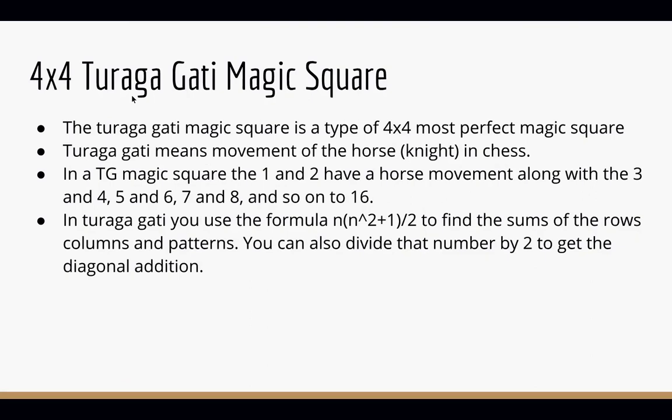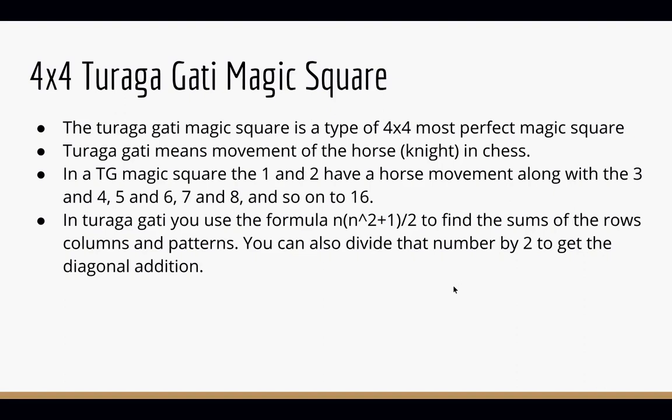In the Turagagati magic square, the 1 and 2 have a horse movement, along with the 3 and 4, the 5 and the 6, the 7 and the 8, and so on to 16. So like odd to even correspondence. So in Turagagati, you use the formula n times n squared plus 1, divided by 2.